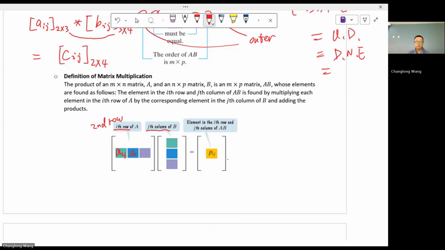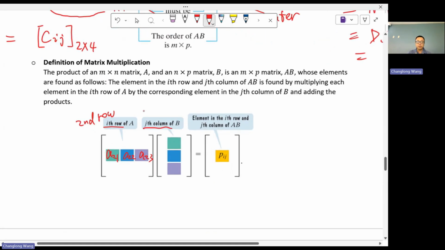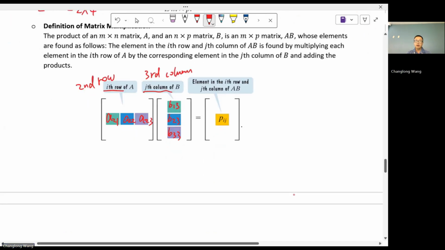A sub 2, 2, A sub 2, 3. Make sense? Okay. Now, the jth column, right? Let's say maybe the third column. So now that's going to be B sub 1, 3, B sub 2, 3, B sub 3, 3, right? Make sense? The first row, but the third column, second row, third column, third row, third column, right?